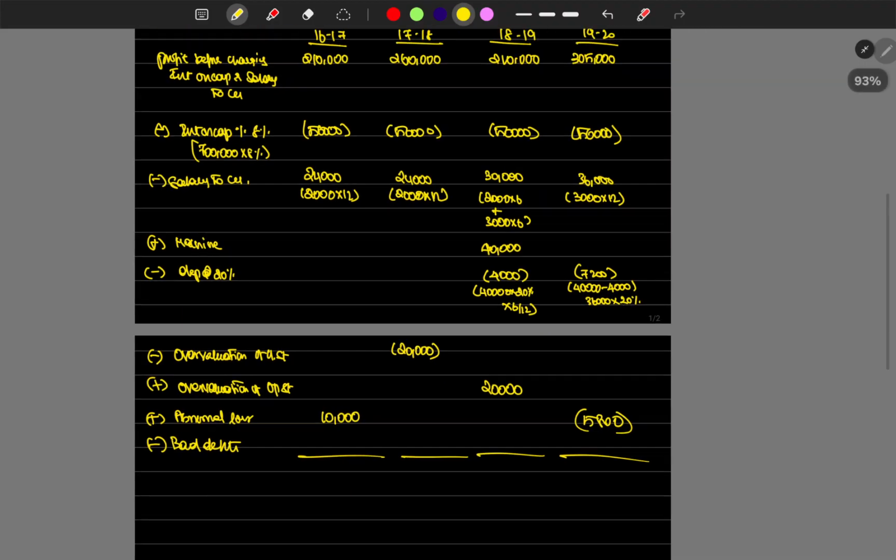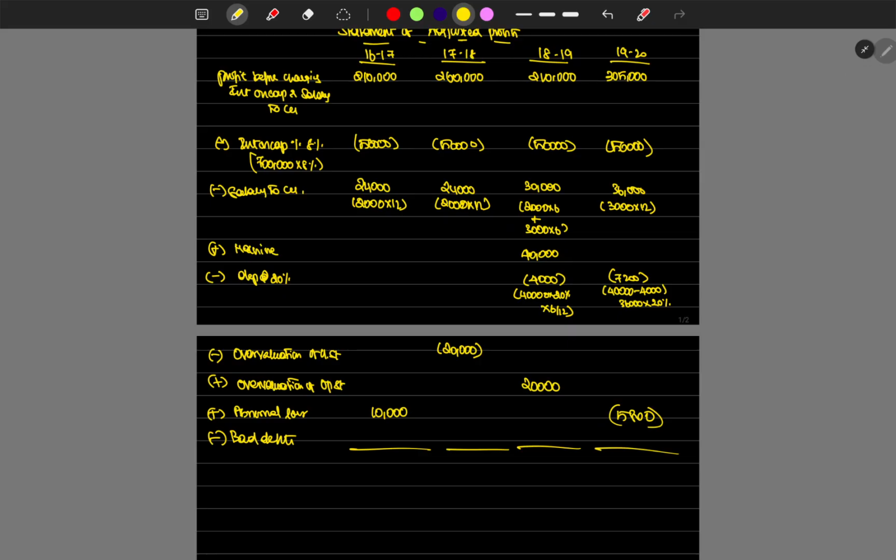Let's quickly total the values. 2,10,000 minus 56,000 plus 24,000 plus 10,000, which is 1,40,000, the adjusted profit. 2,60,000 minus 56,000 minus 24,000 minus 20,000, which is 1,60,000.